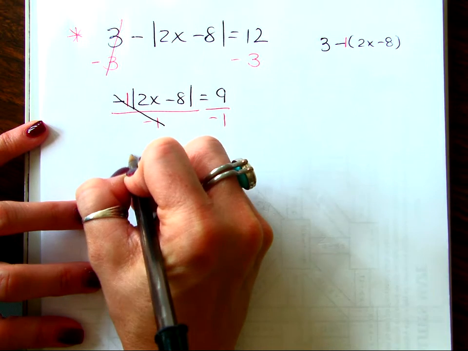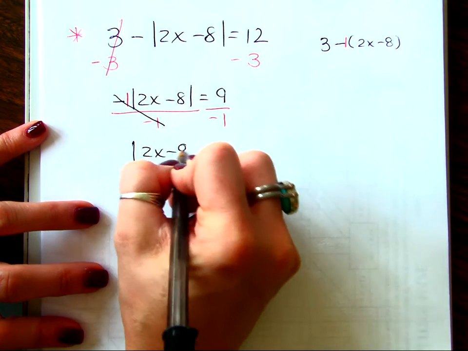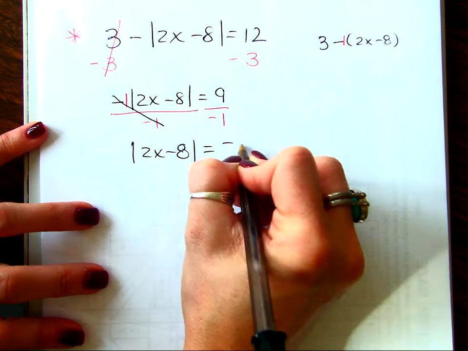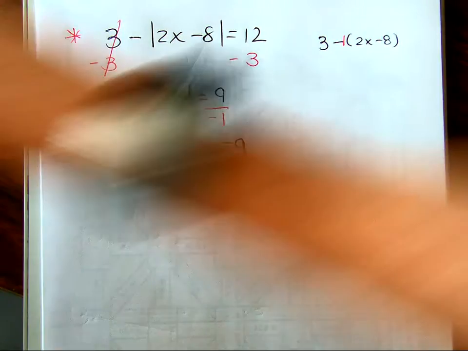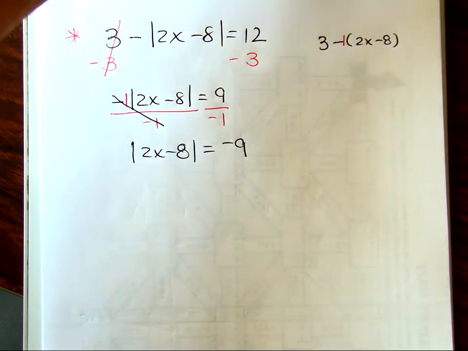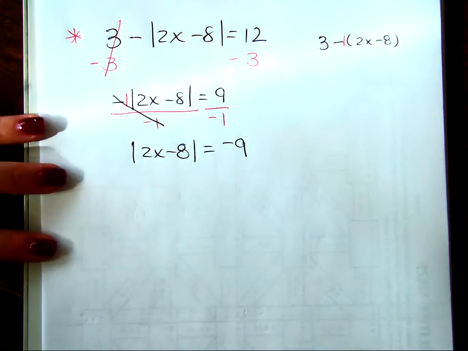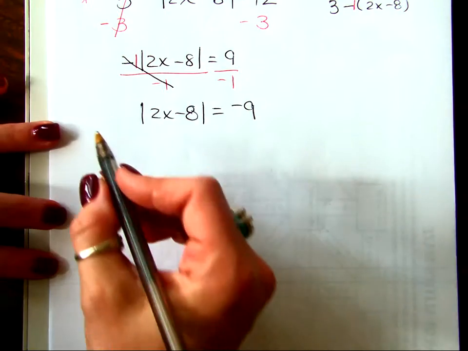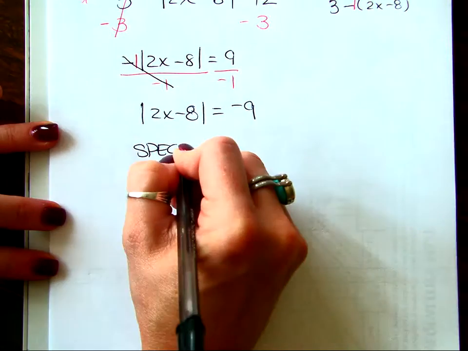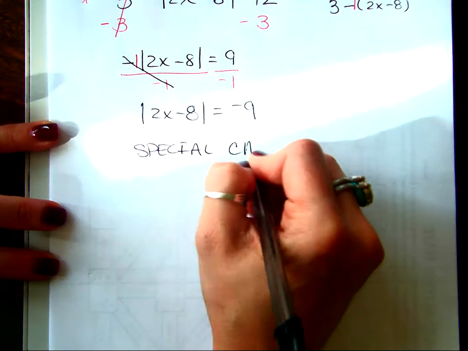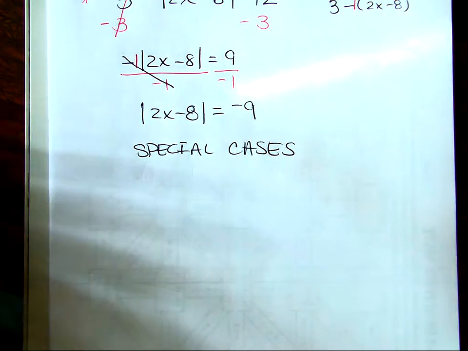So this is going to leave you with 2x minus 8 equals negative 9. And I'm going to stop right there because this is my very next example. So leave that right here for now and just kind of scooch down here and write special cases. Special cases means something a little kooky happens.